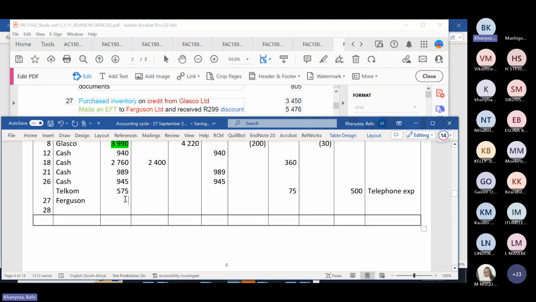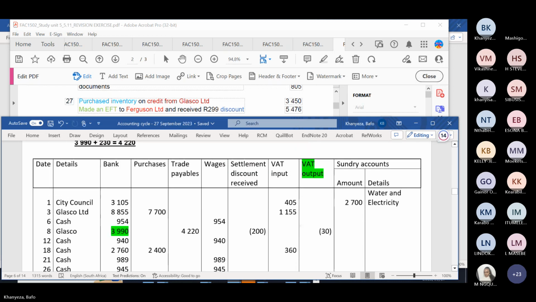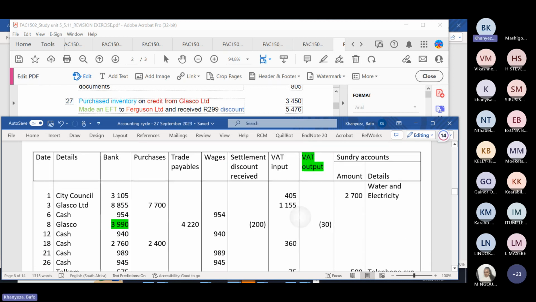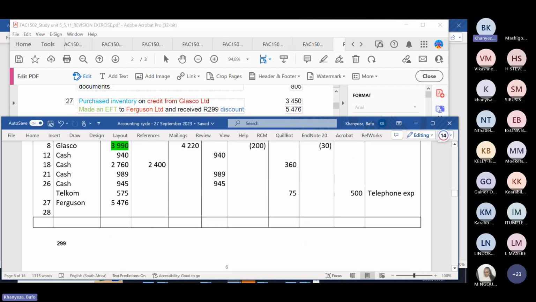So the amounts are given. 5,476. And the discount, remember the discount is 299. So if the discount is 299, it means we have to split.